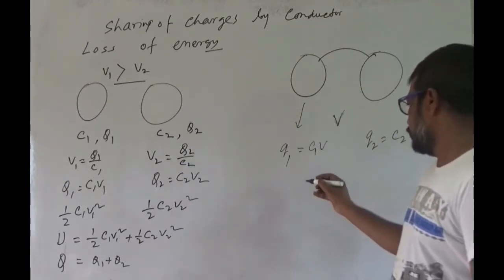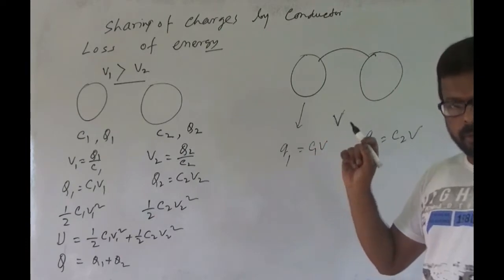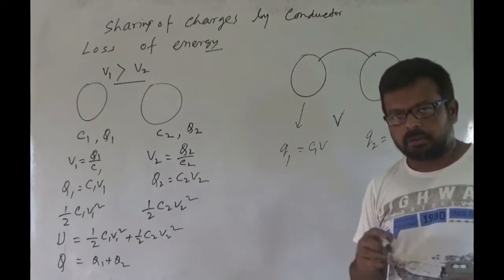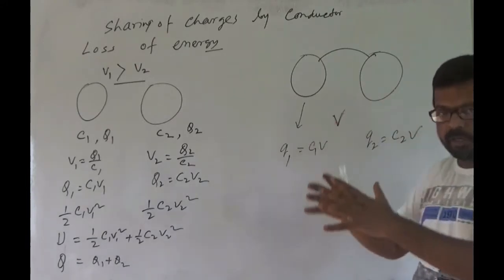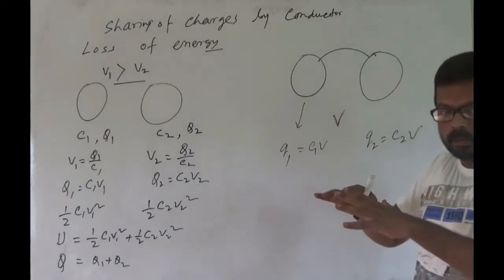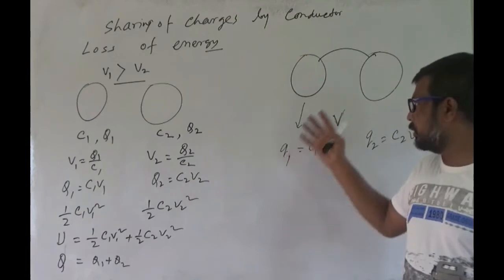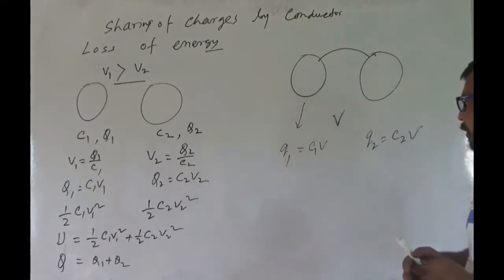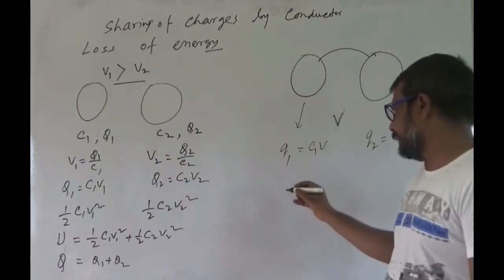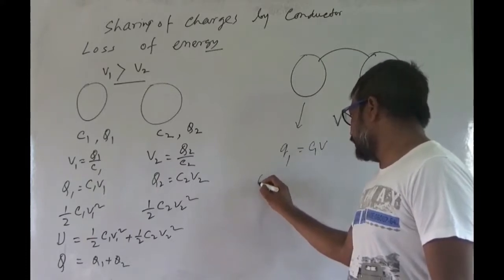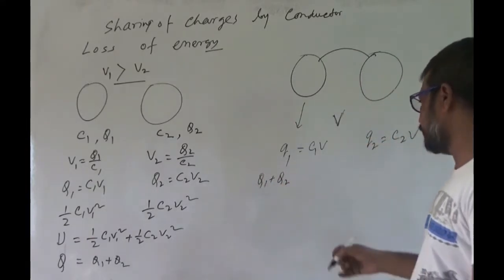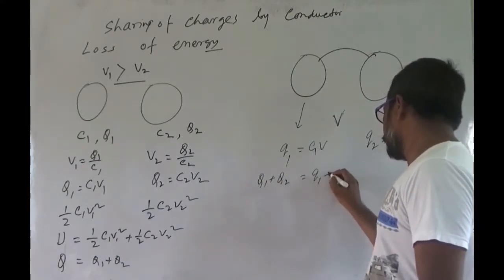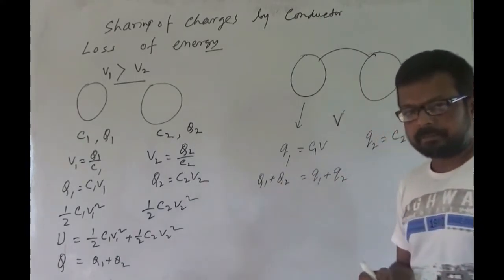Since no charge comes from the surroundings or goes outside these two systems, according to charge conservation the total charge before redistribution will be equal to the total charge after sharing.